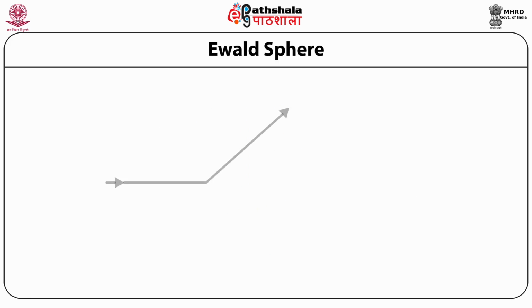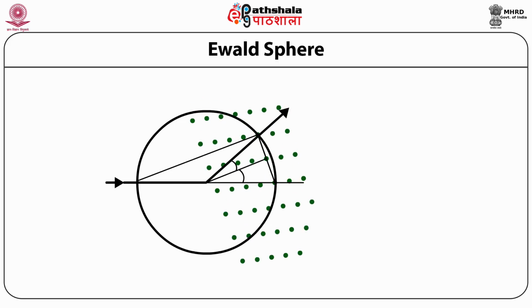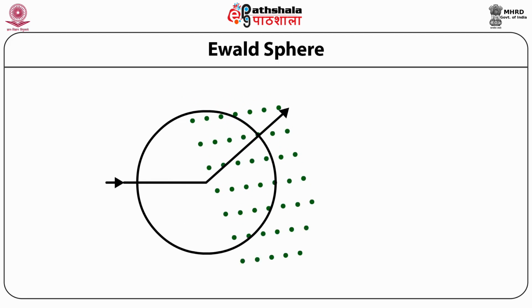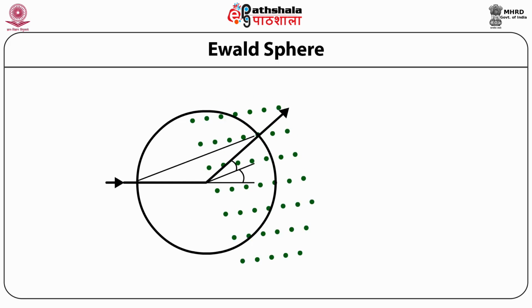wave vector transfer, and if this wave vector transfer is equal to some reciprocal lattice vector, as shown in the diagram, that is, the difference between k incident and k dash comes out equal to the length of the reciprocal lattice vector, that means the reflection condition is satisfied, and this point will lie on the surface of the sphere.